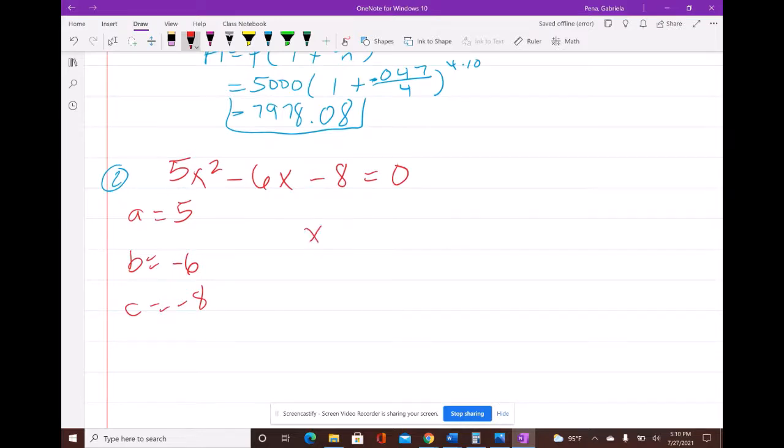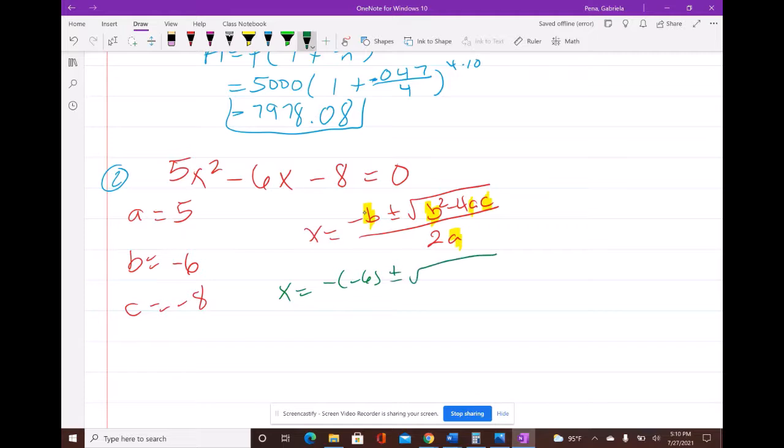The formula is x equals negative b plus minus square root of b squared minus 4ac all over 2a. So please make sure that you replace all the variables. So then I get x equals negative b plus minus the square root of b squared minus 4ac all over 2 times 5.